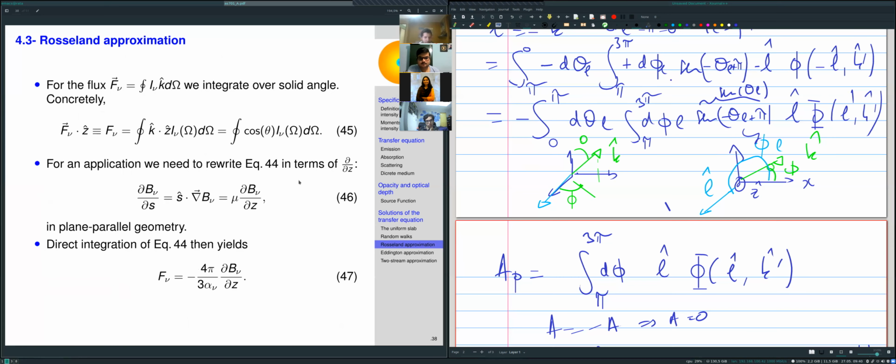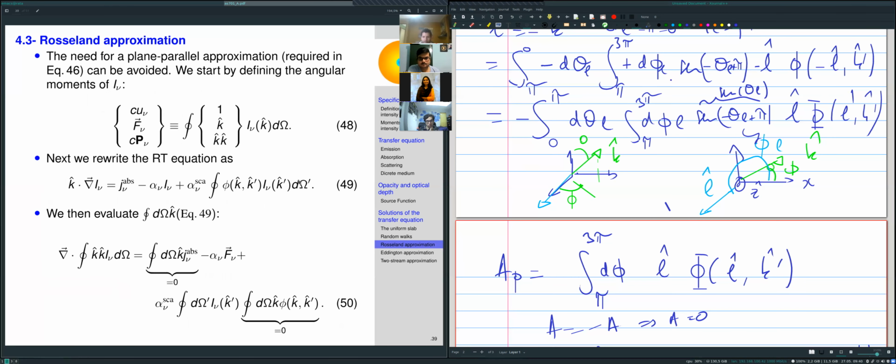Now we're a bit more general here, restricting to forward-backward scattering symmetry, which is true for atomic and molecular processes always. For dust grains, it might not be true, but at least it's an approximation for dust grains.